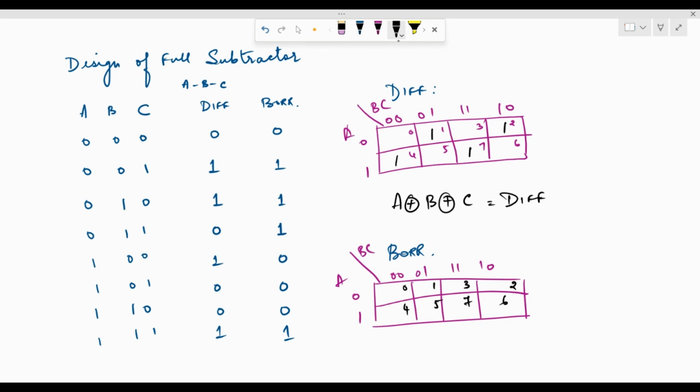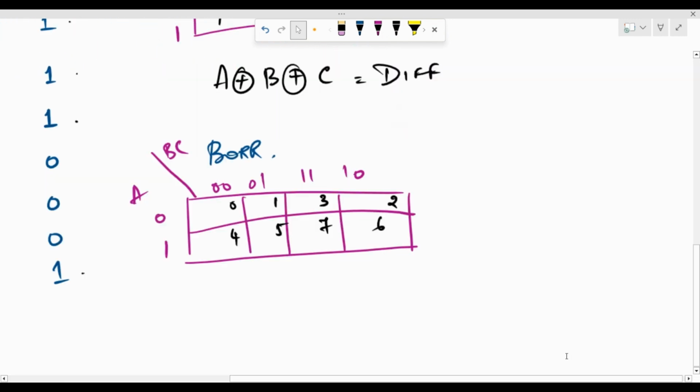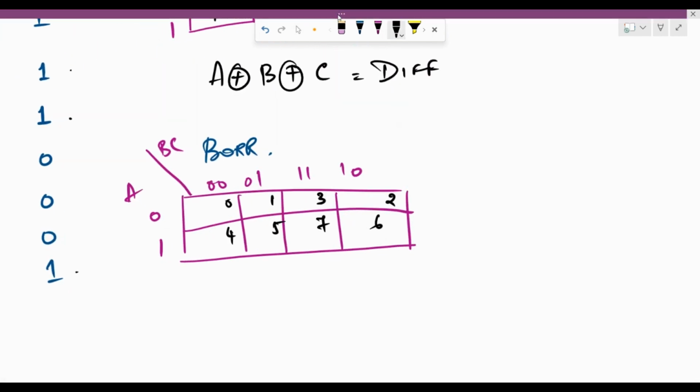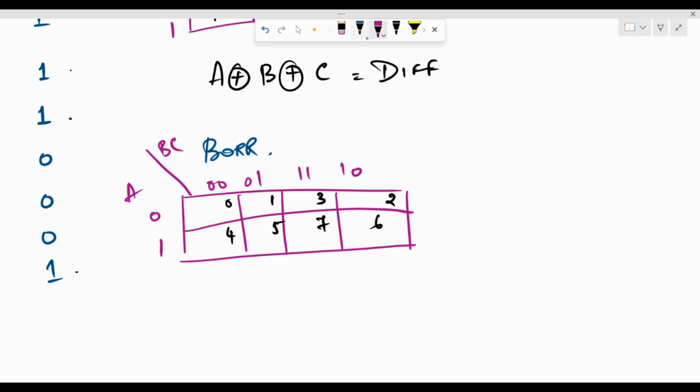So if you notice, the minterms are 1, 2, 3 and 7. So let's try and fill the minterms over here. So we can fill it up as 1, 2, 3 and 7.